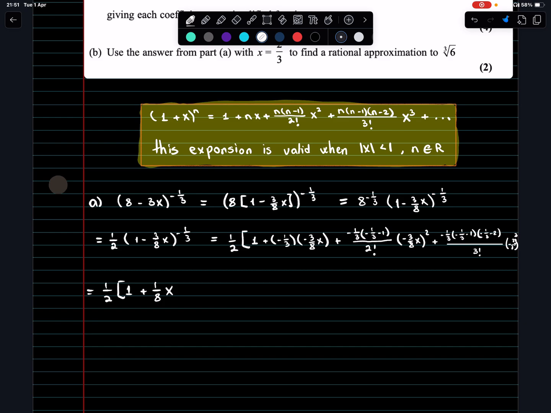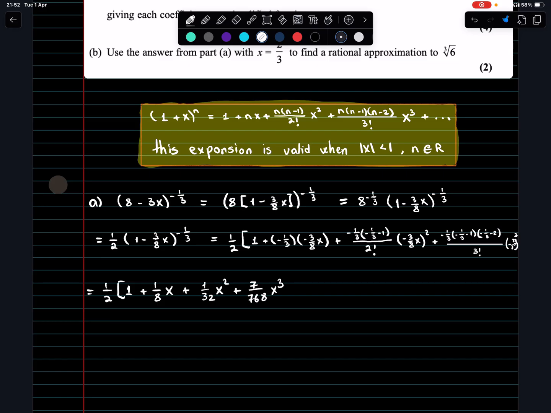For the calculations in this process, you can use a calculator. Don't worry about losing the mark, since you wrote out what's happening here. If you use the calculator, you're not going to lose anything. Put this all into your calculator, and the terms are 1 over 32x, then 1 over 32x squared, and the last one will be 7 divided by 768x cubed.